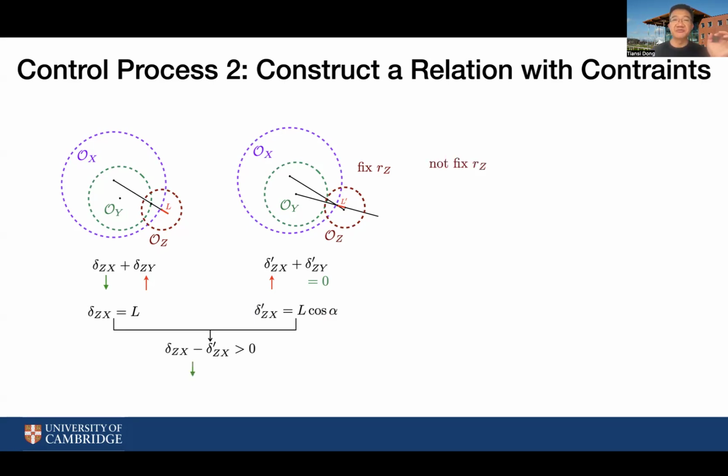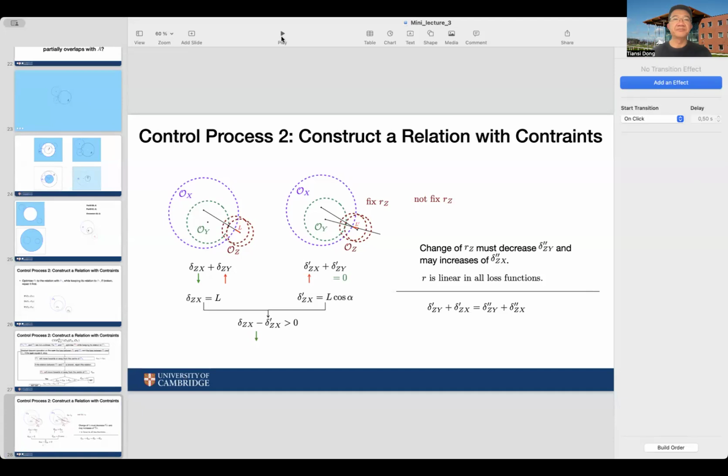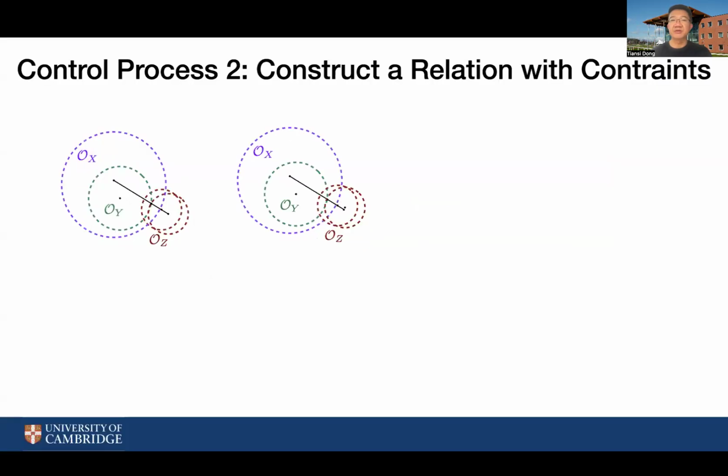What happens if we allow the radius of sphere Z to change? It's clear. Let's look at it again.